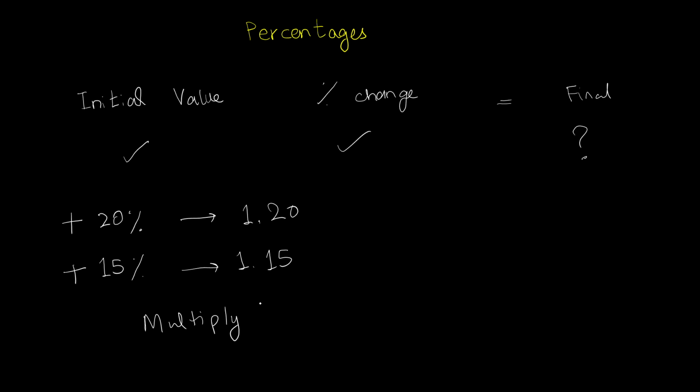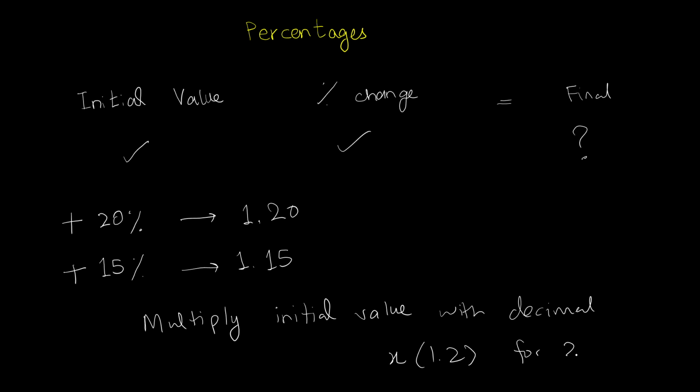So multiply the initial value with the decimal. For example, x times 1.2 for 20% increment, plus 20%. Now, what if it's negative 20%? What do you do then? Again, very simple.